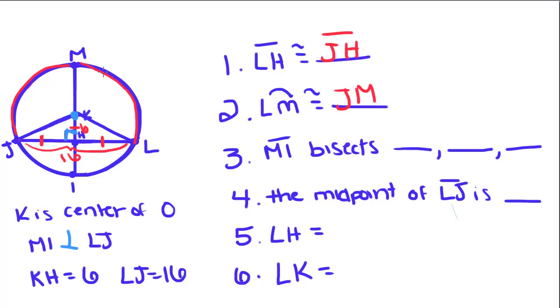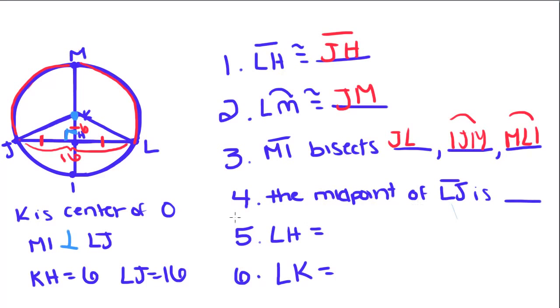So IM bisects, first we're going to give it the line that it bisects, which is JL. It also bisects this whole entire circle, so that it bisects arc IJM and arc MLI, because it divides this entire circle up into congruent pieces.